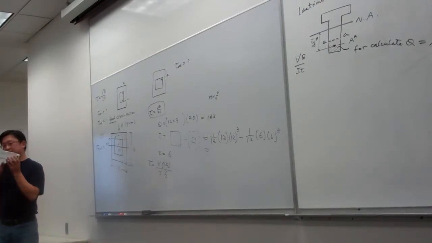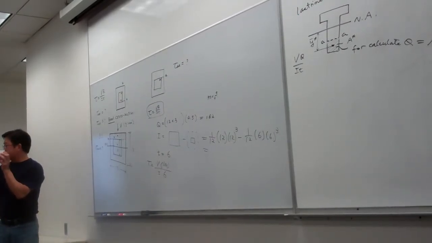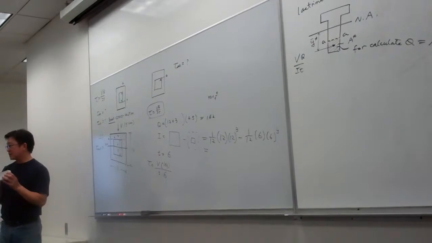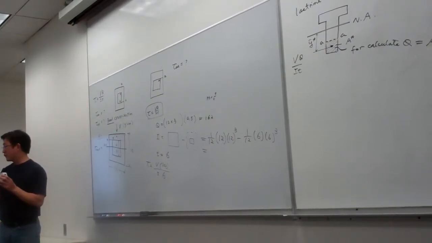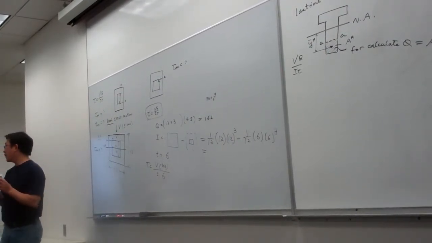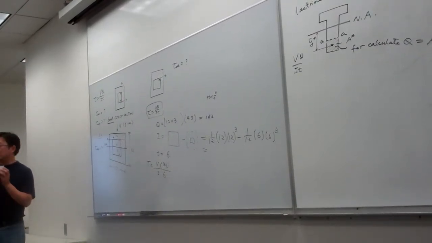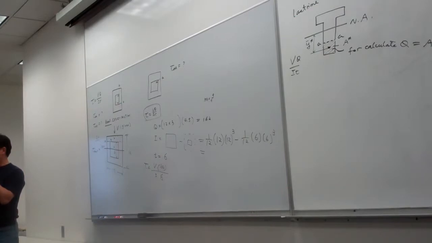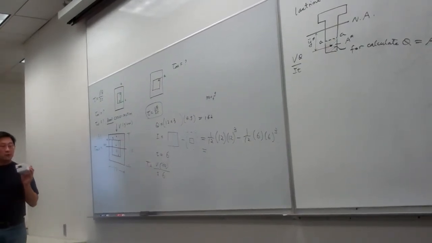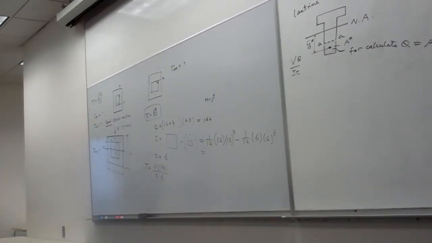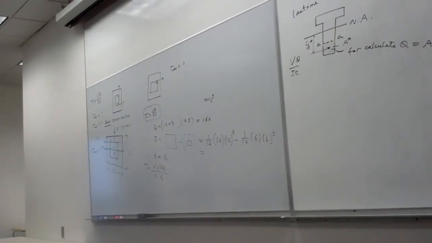For this unsymmetric case, this technique is not good anymore. It won't give you the right answer. So what I want to talk about today is how we calculate this kind of thing. So let me go to this one.